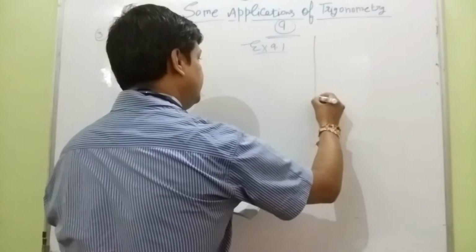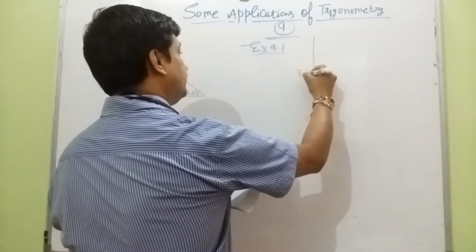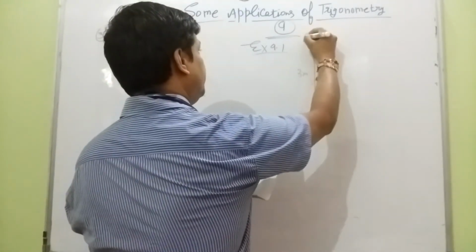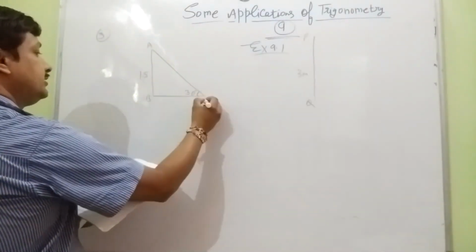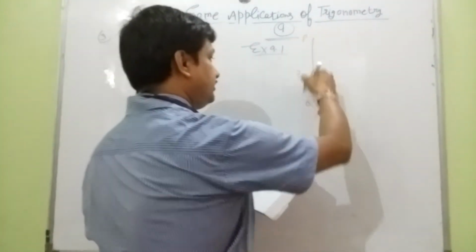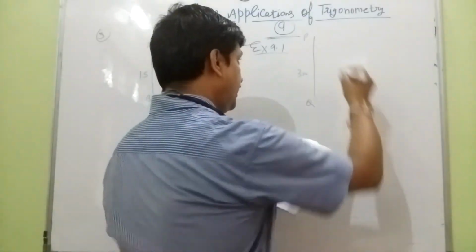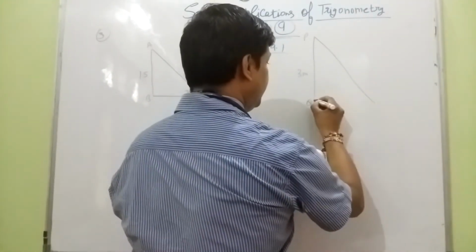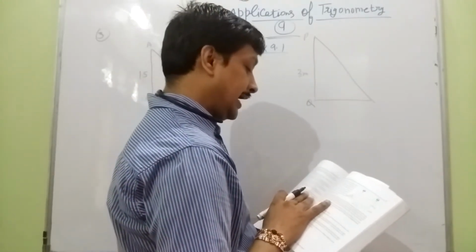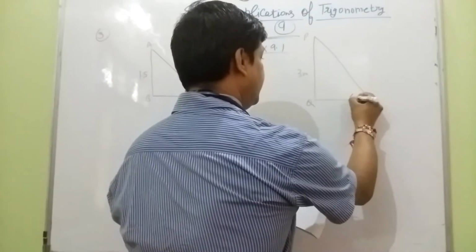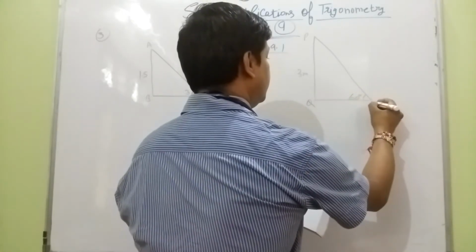It will be 3 meter. So let us consider it PQ and let us consider this will be AB and this will be C. So this is the slide for elder children and it is inclined at an angle of 60 degree with the ground.